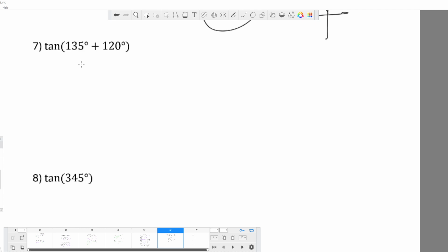So let me see. Looking at this, this is kind of wanting us to split it. And I guess we could try the tangent formula. So let's see what that takes us.